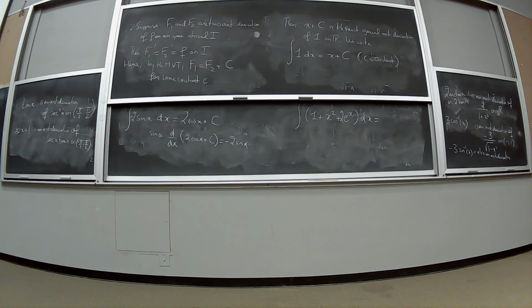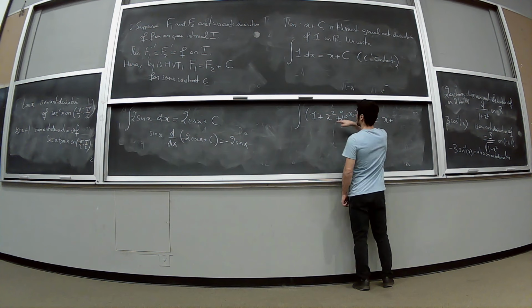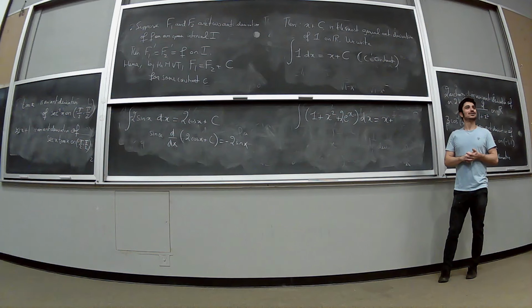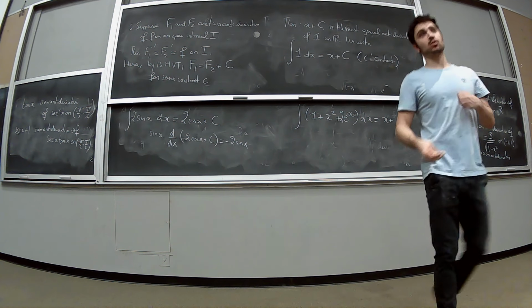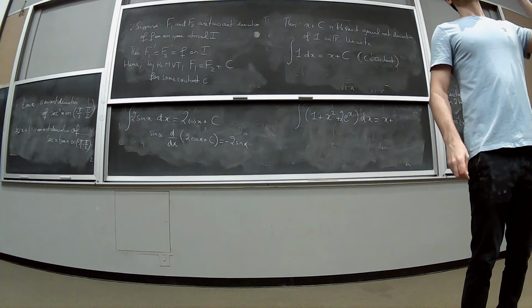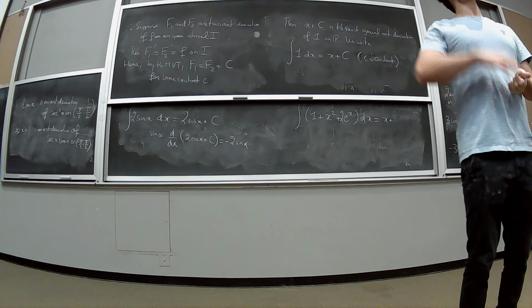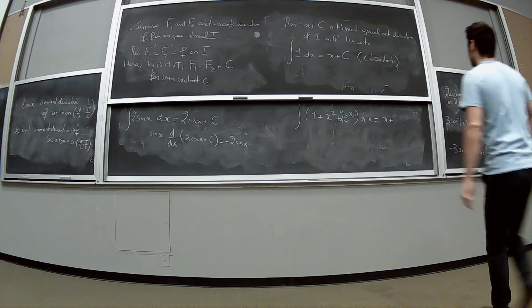Yep. X, yeah. You want to try? So the idea is that you want something that when you differentiate, you get x squared, right? Everybody. Yeah. Let's look at this. So what should the power that you differentiate be? 3, right? So you agree that you must have an x cubed.